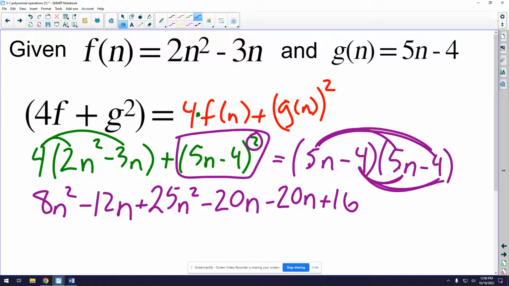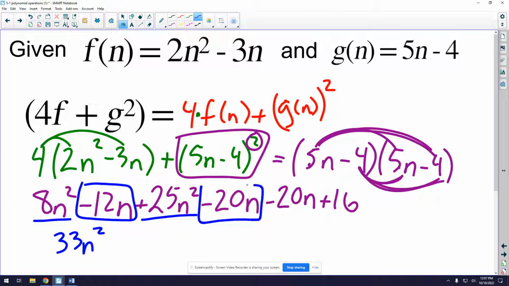Once you look something like this, you can just combine like terms. I have an 8n squared plus 25n squared is 33n squared. I have a negative 12n minus 20n minus 20n is a negative 52n.